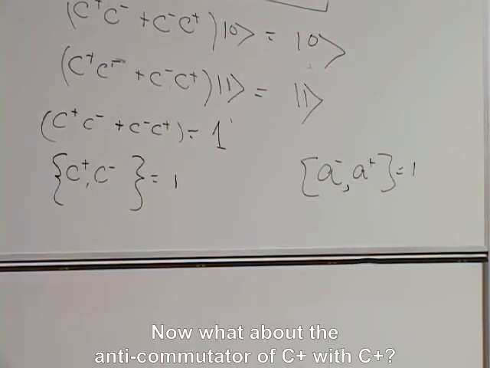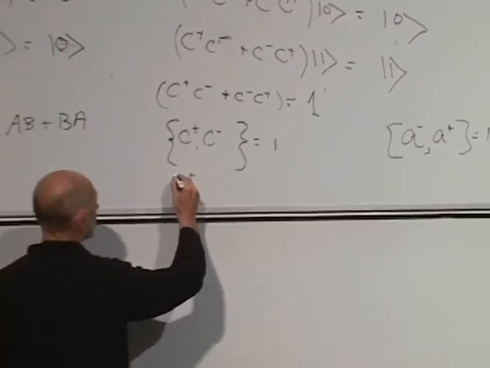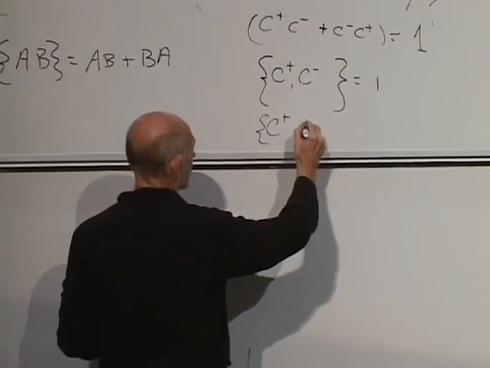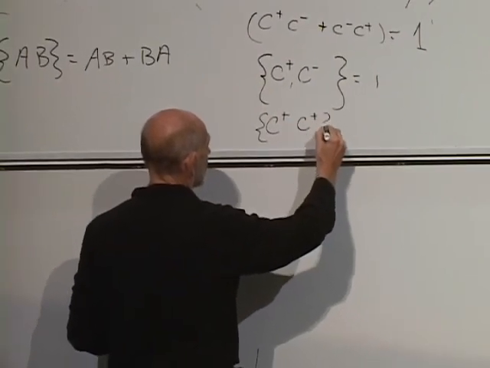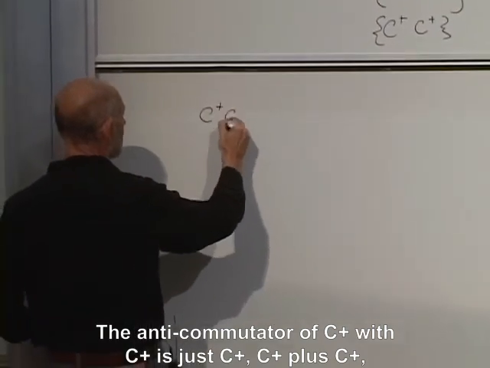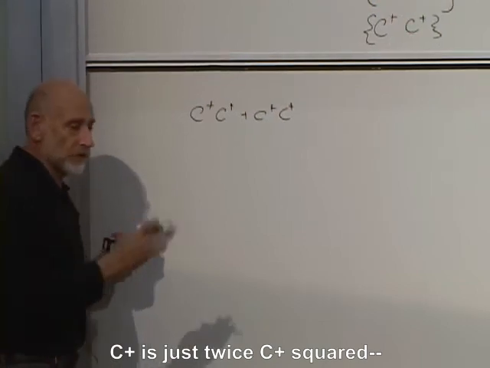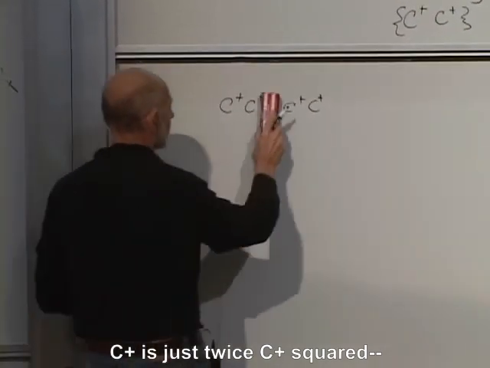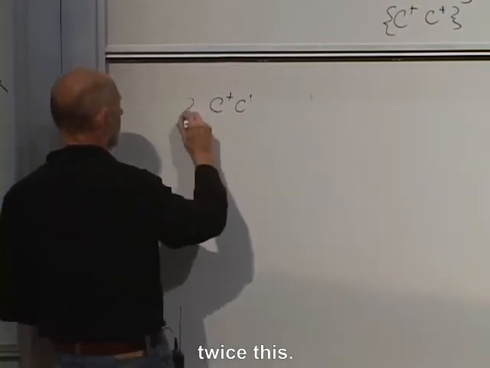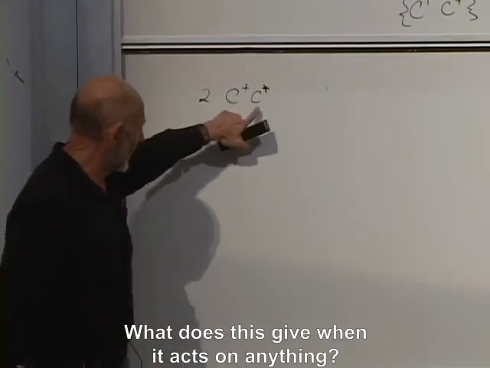Now, what about the anti-commutator of C plus with C plus? It's just C plus C plus plus C plus C plus, twice C plus squared. What does this give when it acts on anything?